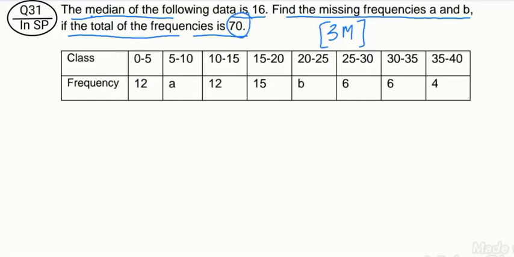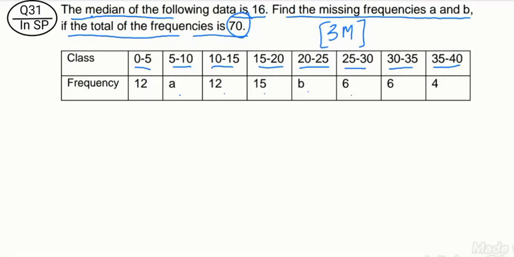If you observe the table, the classes given are 0 to 5, 5 to 10, 10 to 15, 15 to 20, 20 to 25, 25 to 30, 30 to 35, 35 to 40. Frequencies 12, A, 12, 15, B, 6, 6, 4 are given to us.